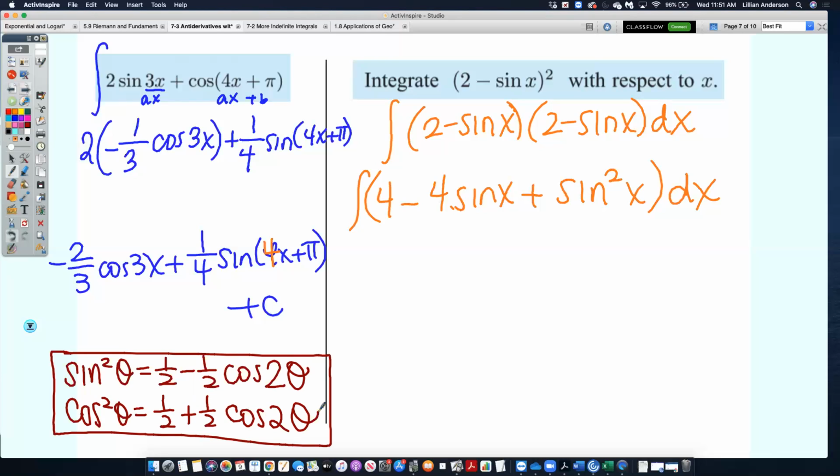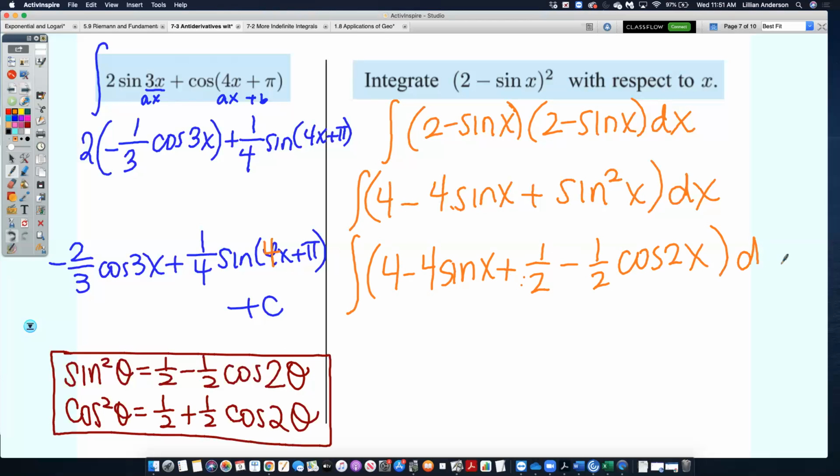Granted, you do have a double angle here, but technically you have a linear factor now, and you can take the antiderivative of that. So this becomes the integral now of 4 minus 4 sine x plus, I'm going to replace that sine squared x with 1/2 minus 1/2 cosine 2x dx.